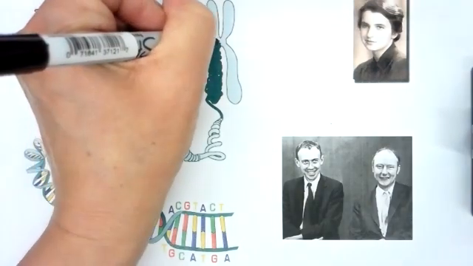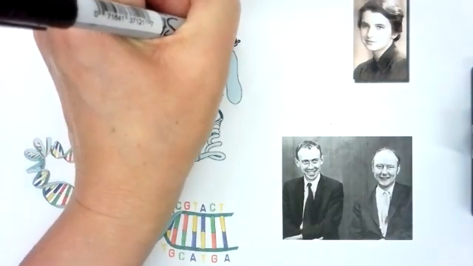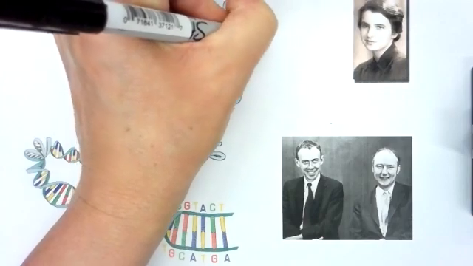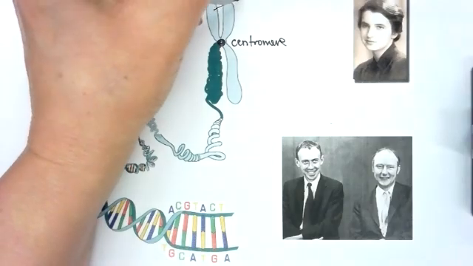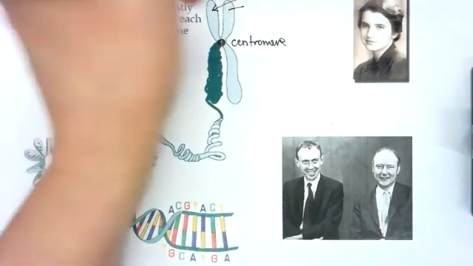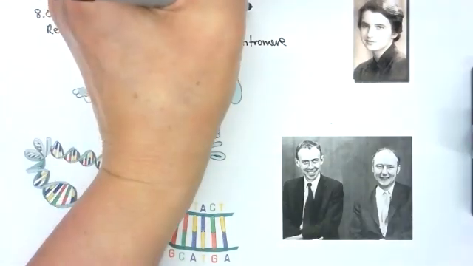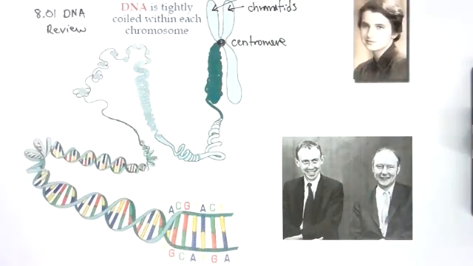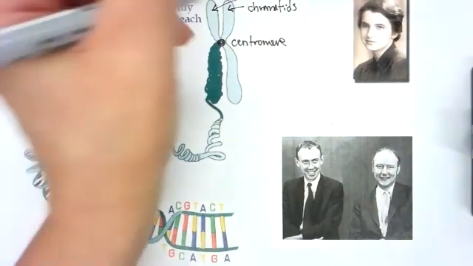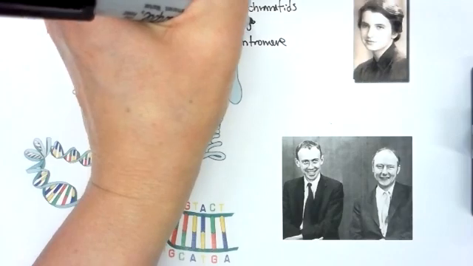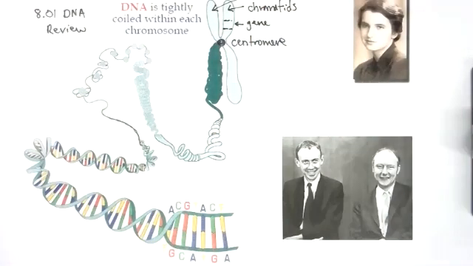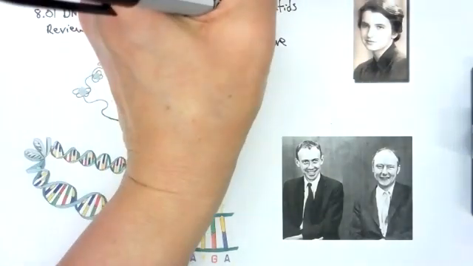We've got a duplicated chromosome here. So we've got our centromere, and these are going to be chromatids. We said that one section of a chromosome is a gene, and a gene is the plan to build a protein.